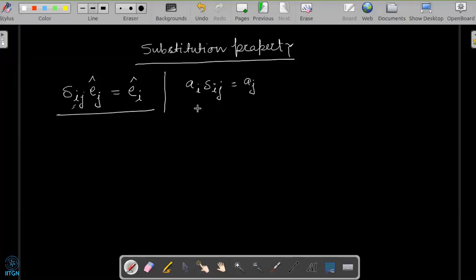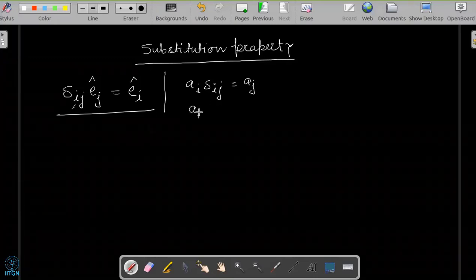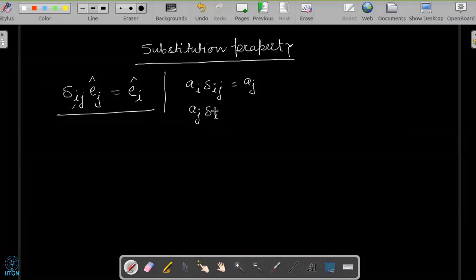Now instead, if we have a_j and the Kronecker delta delta_ij, here j is the second subscript, and in the delta, i is the first subscript, so the order is different. The order of the dummy indices is different. So what result will we get here? Is the substitution property valid here? Yes, in this case it is also valid, and you will get a_i.